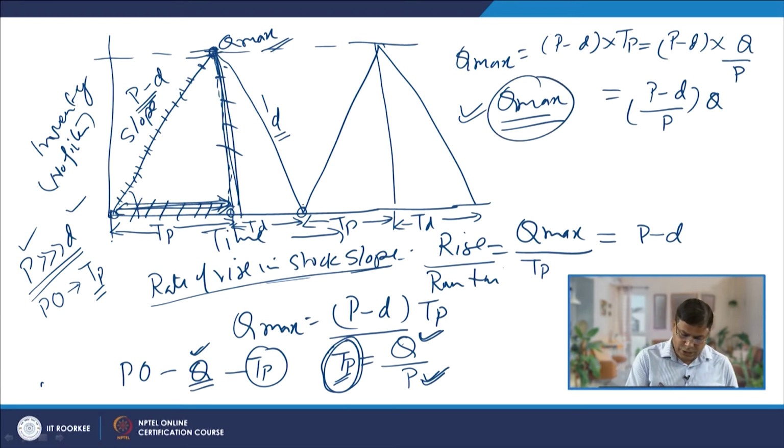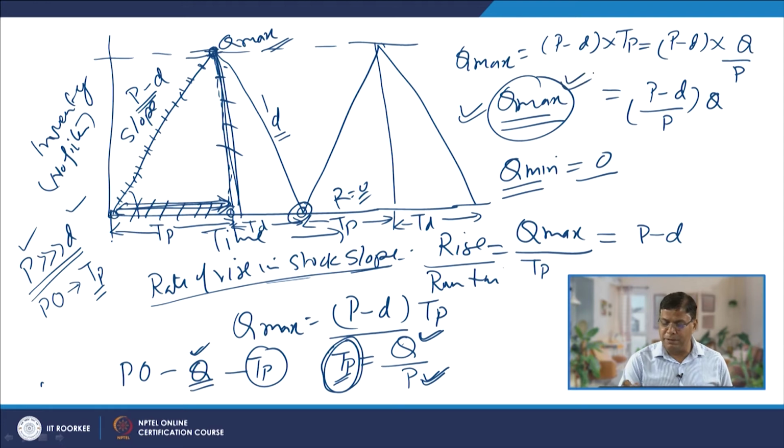Since in this case the order is being placed and the delivery starts, but the entire order is not fulfilled in one go, the reorder point here is 0. So, Q minimum, that is the minimum inventory level, here is 0, and Q maximum is (P minus D) divided by P into Q. So, that is what will be giving us the maximum and minimum values.